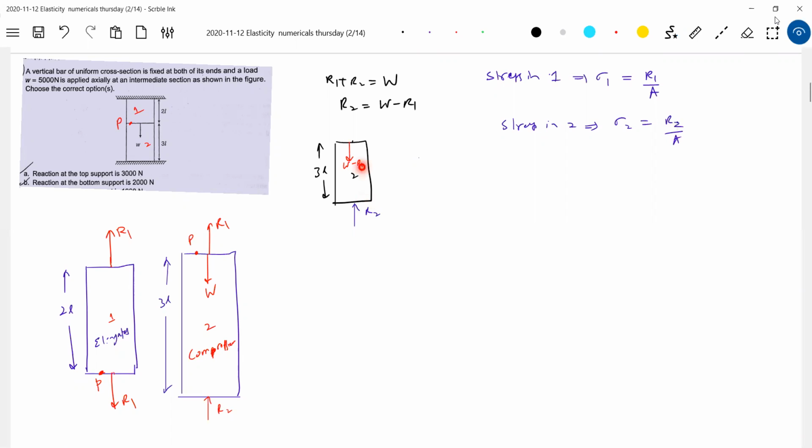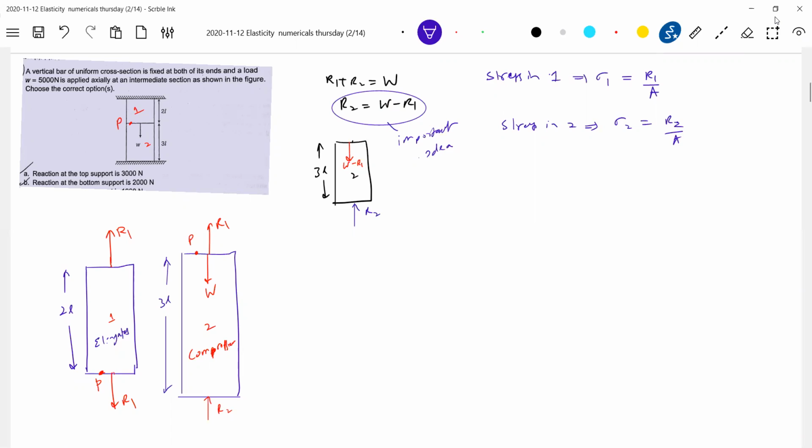R2 is equal to W minus R1. If you want, you can show here R2. What is R2? W minus R1. This is the important part of the problem. Important idea. Okay, now we got the stress.